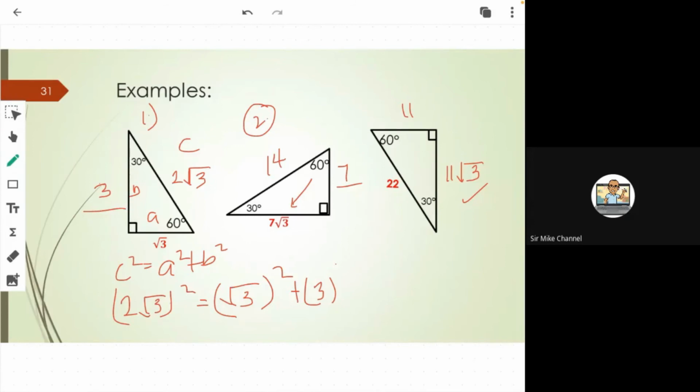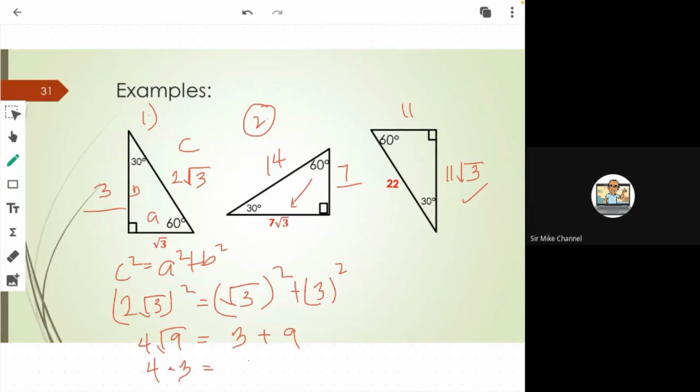Okay, so magiging 2 square root of 3 times 2 square root of 3. So, magiging 4 times square root of 9, that is 3.